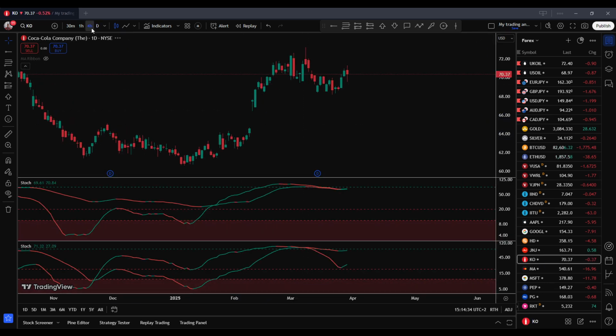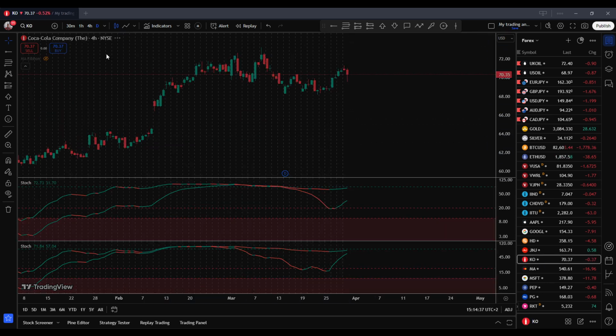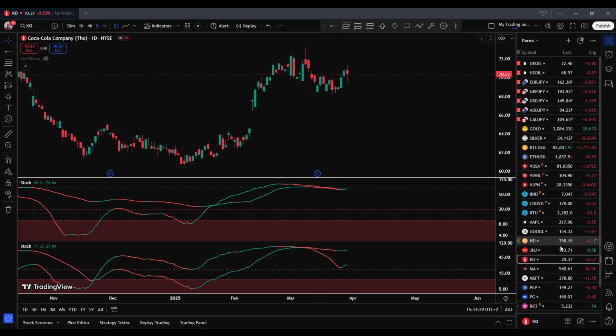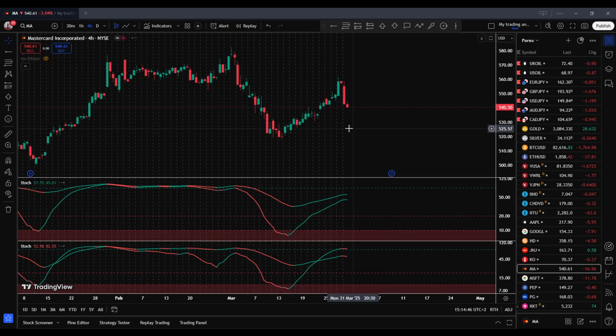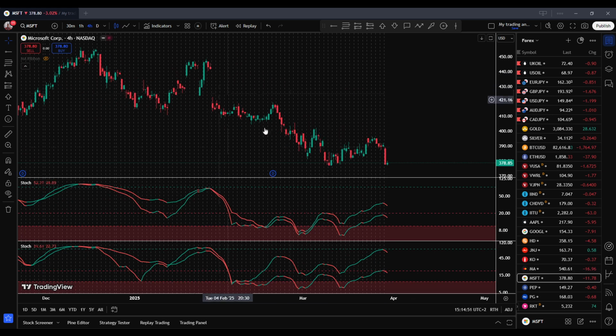Coca-Cola, nothing from 4-hour time frame, nothing from daily. MasterCard, still very strong uptrend, 4-hour and daily. Microsoft, well, for Microsoft, price was oversold with only 3 of the stochastics, so for me no investing signals here.